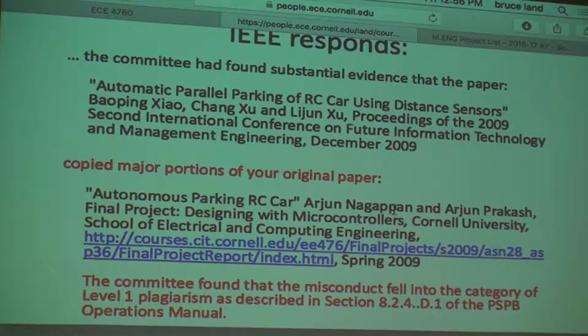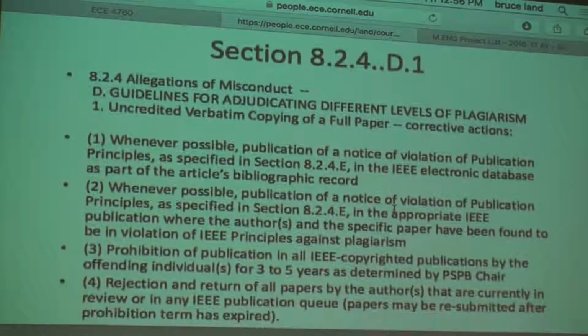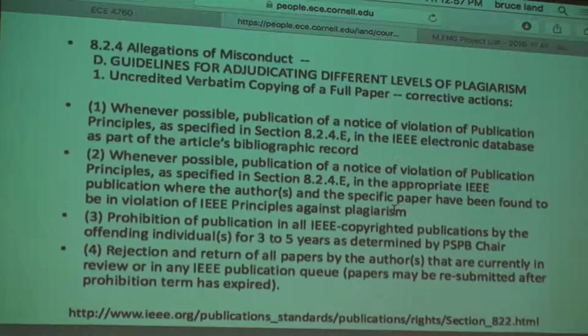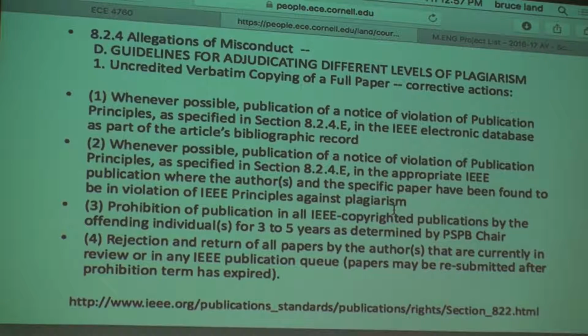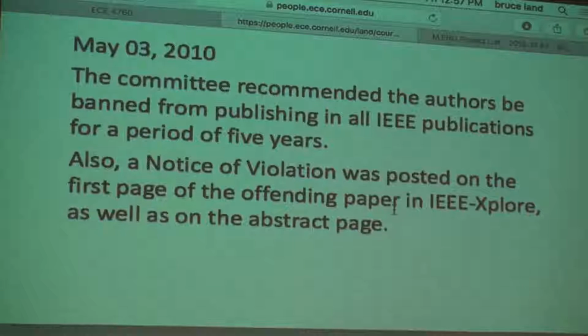Here are the guidelines for what should happen. And what did happen was that the committee banned the authors from the IEEE for 5 years. And every single reference on the IEEE page to his articles was replaced by links to our web page.